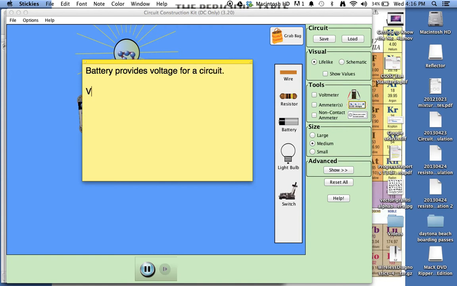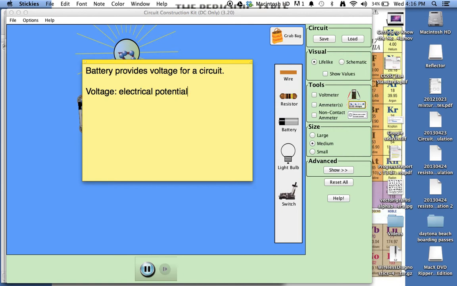Another word for voltage is electrical potential. Electrical potential is the potential for charges to do electrical work.